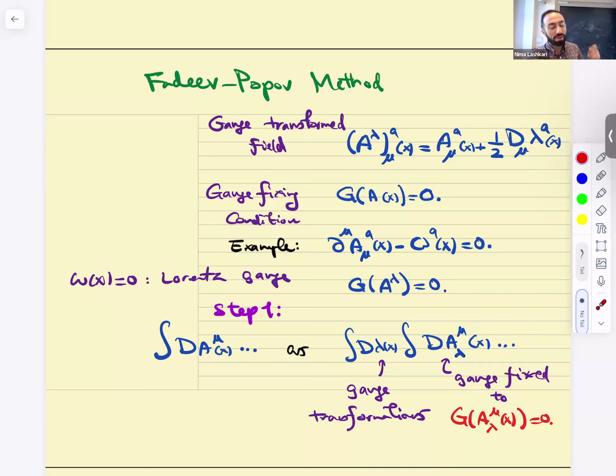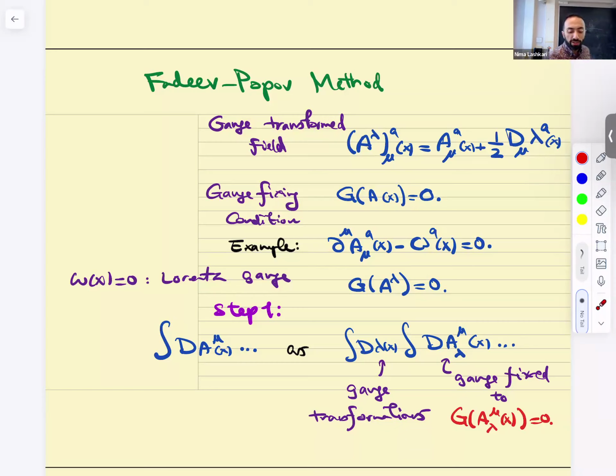Well, but then there's a catch. Well, okay, I won't explain. But this is proportional to delta AB. There's a gauge fixing condition. For example, del mu of A mu of x equal to 0, or equal to some function omega A of x, is an example of a gauge fixing condition.